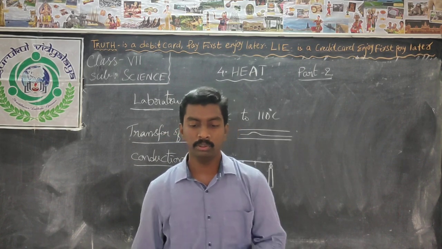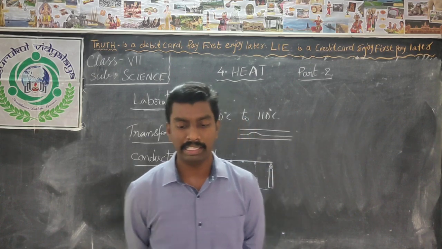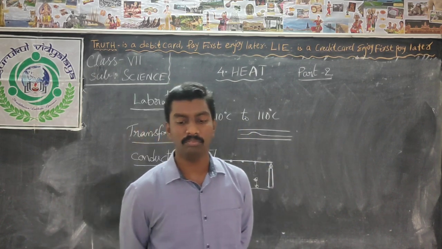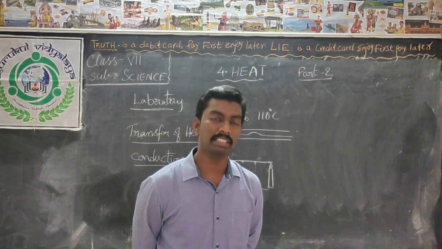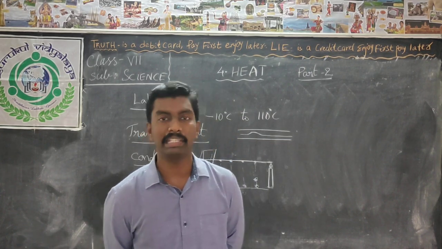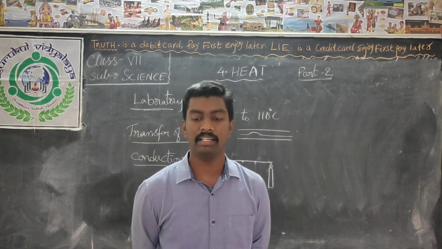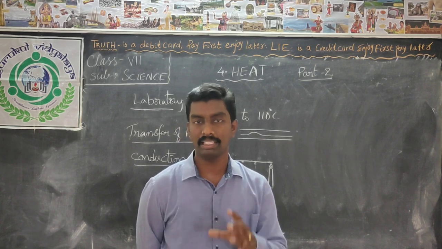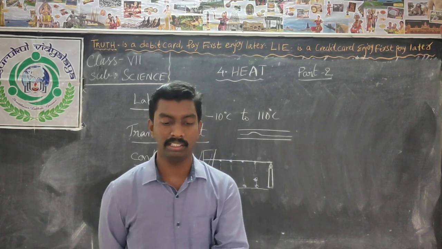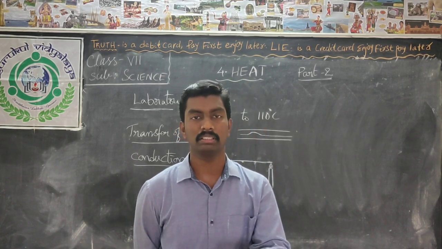Okay children, in your textbook, in table 4.3, we can observe the material with which the article is made. The first column is the article, the second column is the material with which the article is made, and then: does the other end get hot, yes or no? Already given here, one steel spoon kept in the beaker filled with hot water.